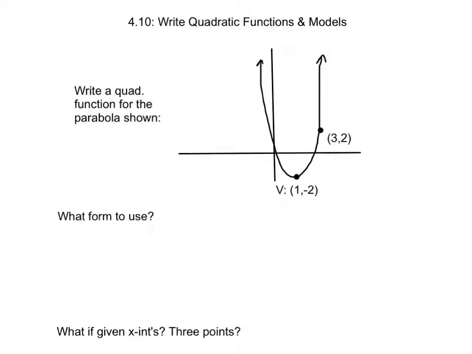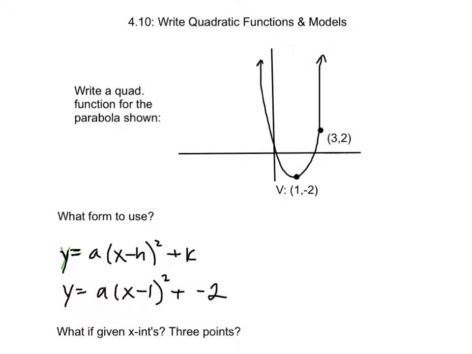So we're going to use vertex form for this problem because we're given the vertex. So vertex form is y equals a times (x minus h) squared plus k. Now we're going to plug in what we know. We know our vertex, so y equals a times (x minus 1) squared plus negative 2.